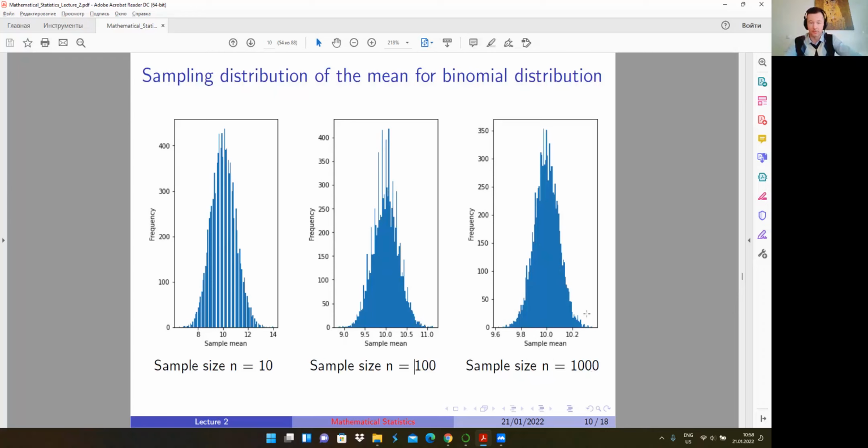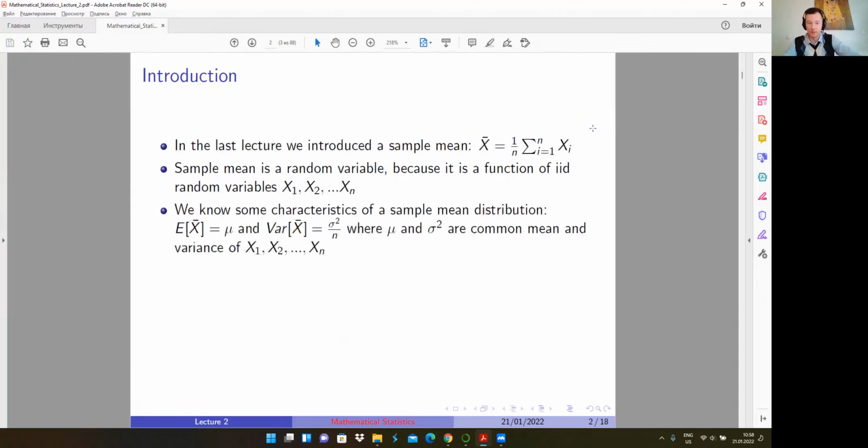So remember the result from the last lecture: the variance of a sample mean decreases with the increase of a sample size. You see that this is sigma over n. So when I increase the sample size, the variance decreases.